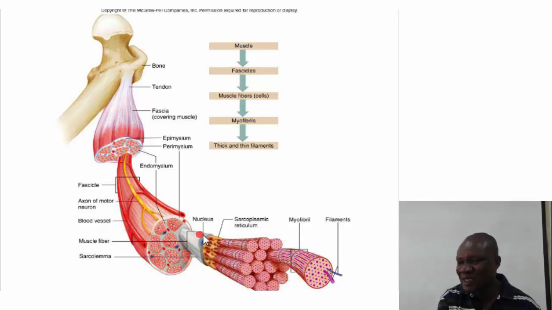Then the fascicle is made up of muscle cells. A collection of muscle cells is covered by a connective tissue called endomysium.